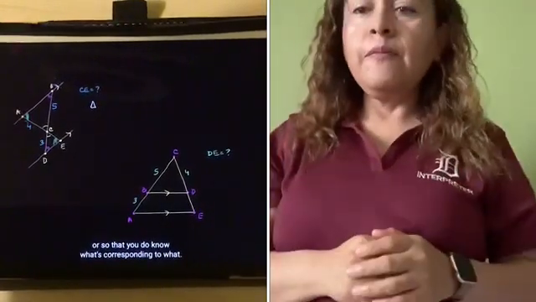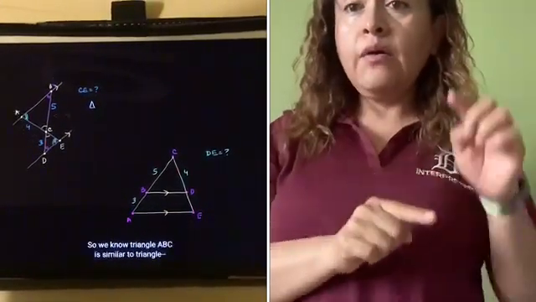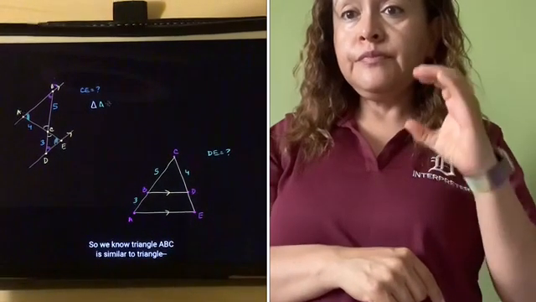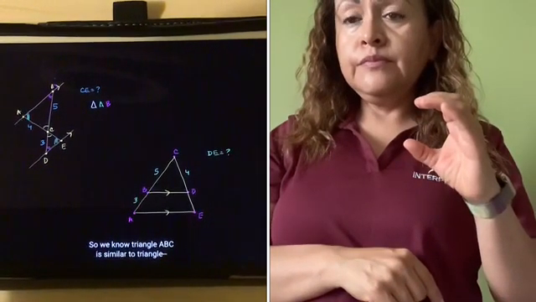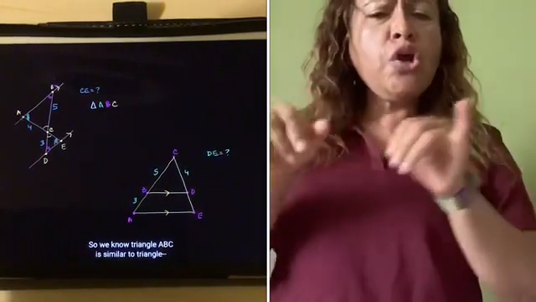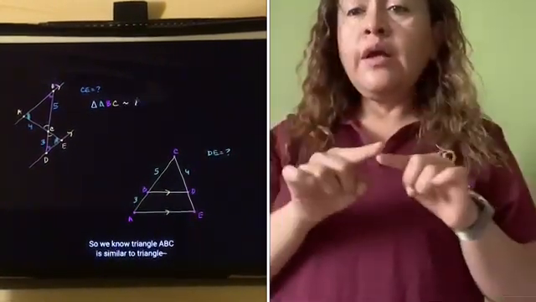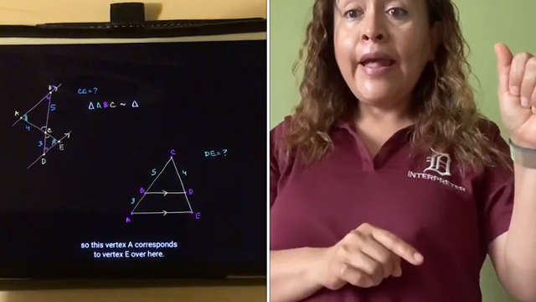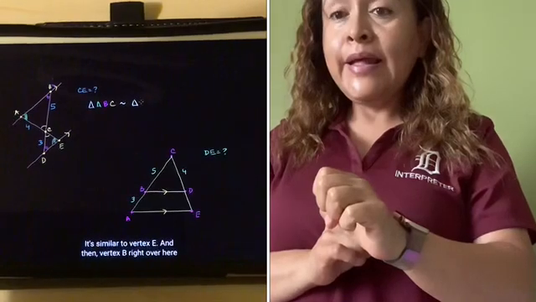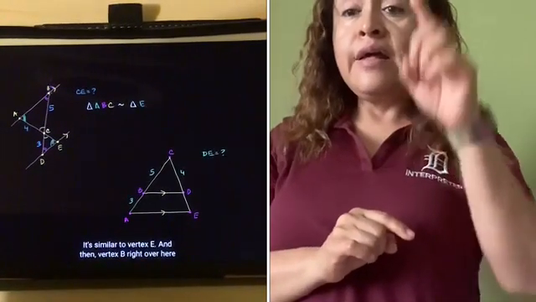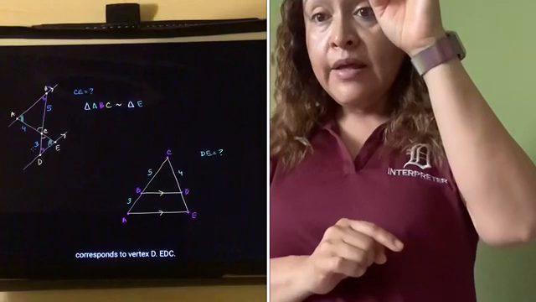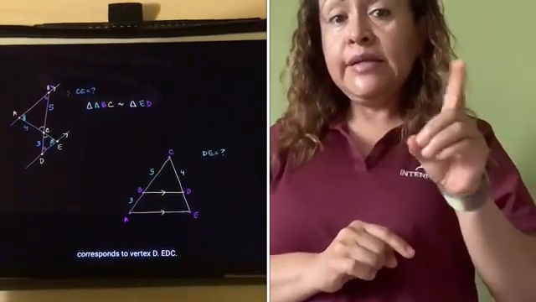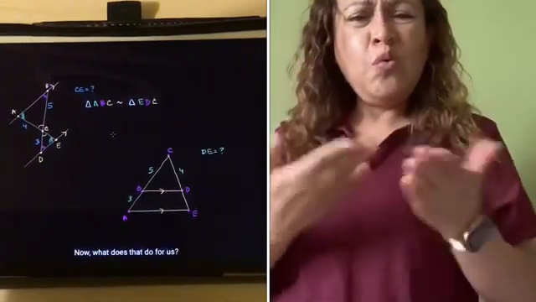So we know triangle ABC is similar to triangle EDC. So vertex A corresponds to vertex E over here, and then vertex B right over here corresponds to vertex D, and C to C. Now what does that do for us?